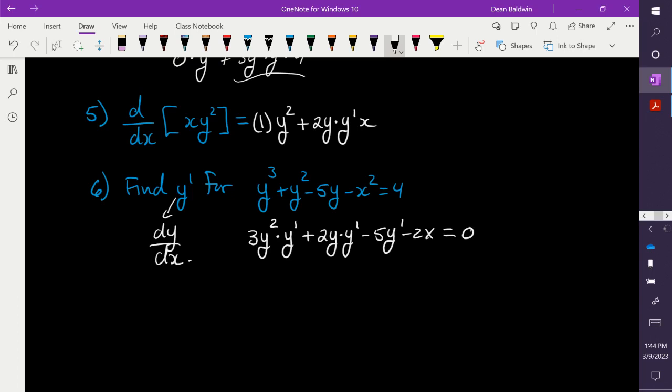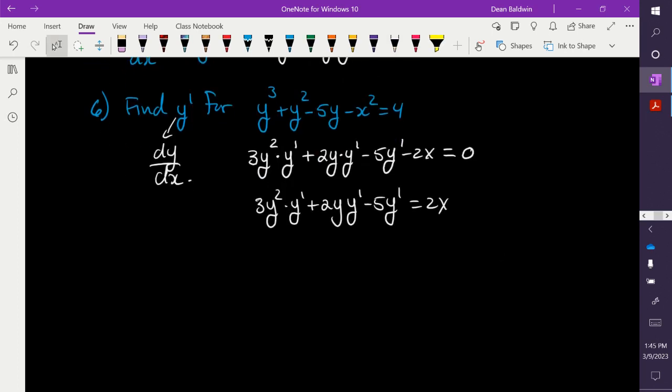Okay, we're solving for y prime. We got multiple y primes there. So get all your y primes to one side and get everything that doesn't have a y prime to the other side. So move the 2x to the other side, essentially. Okay, we're solving for y prime. What do we want to do next?